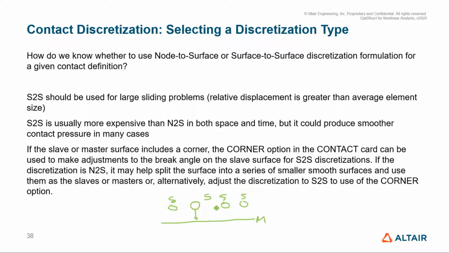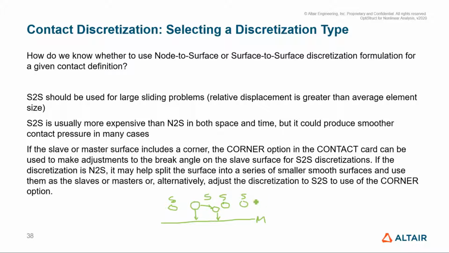Imagine you are using large displacement and the ball suddenly moves to this location, it will still establish that contact. So that's the purpose of setting smaller objects as slave. That's the first rule of thumb that we follow: smaller objects are defined as slave.